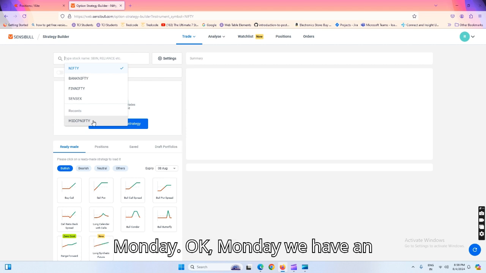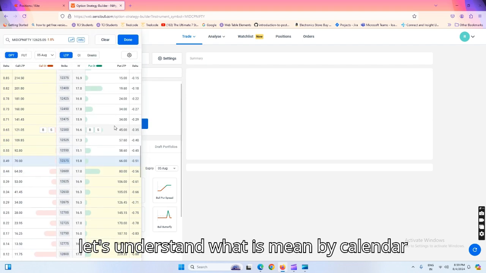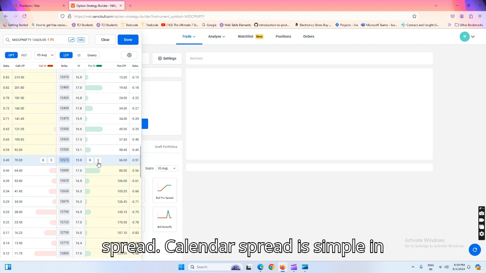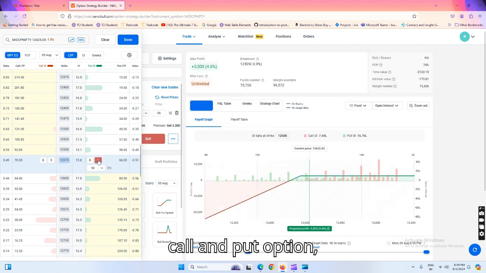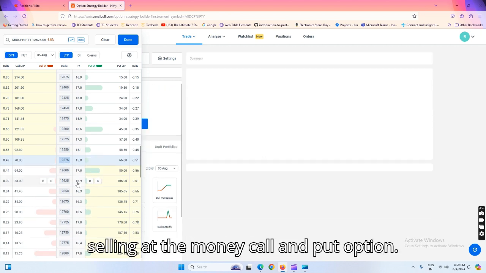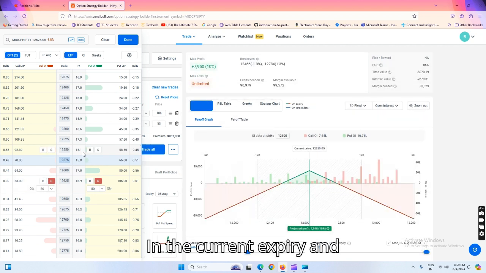Let's consider Monday. Monday we have an expiry of Midcap Nifty. Let's understand what is meant by calendar spread. Calendar spread is simple. In one word, it is selling the at the money call and put option in the current expiry, and buying the next week call and put at the current market price.